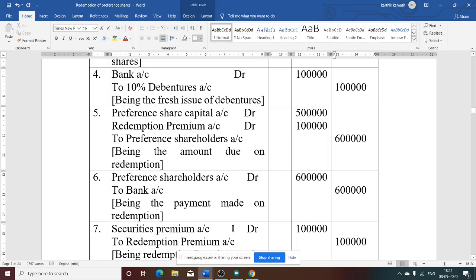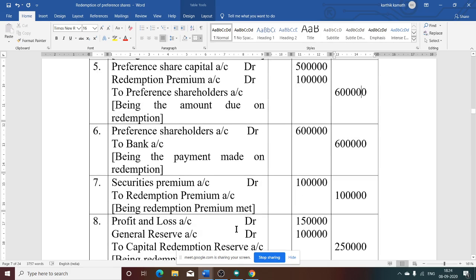Narration you can give: redemption premium being met using security premium account. Security premium account balance is 1,25,000. We have taken 1 lakh from that. Still 25,000 balance is remaining in the security premium account. Suppose there is a balance sheet as asked in the question, you will show in the security premium account 25,000, because 1 lakh is utilized for meeting the redemption premium.